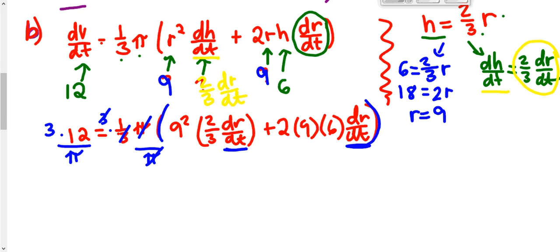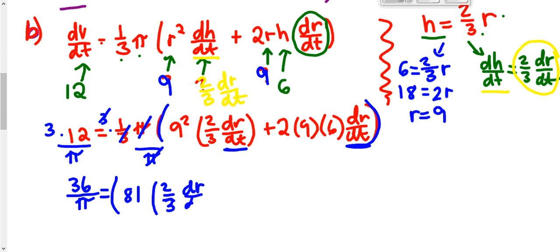So we have 3 times 12, we have 36 over pi times 9 squared, or 81, times 2/3 dr/dt, plus 2 times 9 is 18 times 6 is 108 dr/dt.